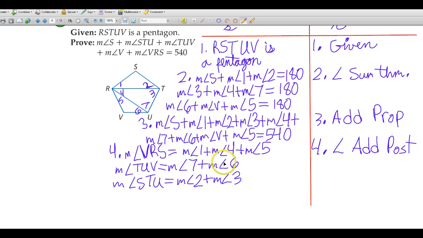For angles 7 and 6, we can get rid of 7 and 6 and substitute TUV, and we can get rid of angles 2 and 3 and substitute STU. So that would leave us with the measure of angle S left over, and the measure of angle V left over.